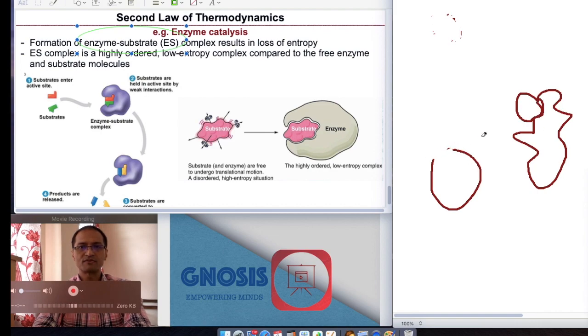The second substrate is no longer over here, we can just remove this one, and now your second reactant is here. Now when these two reactants bind with the enzyme, they form an enzyme substrate complex, which is a more highly ordered complex compared to the free enzyme.